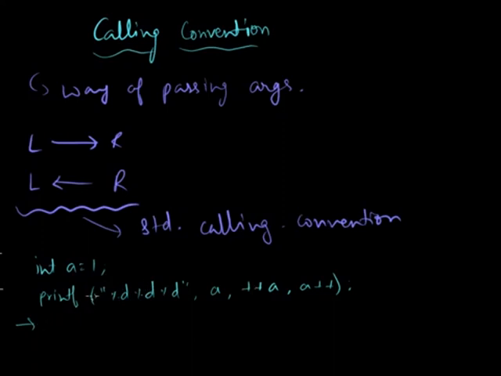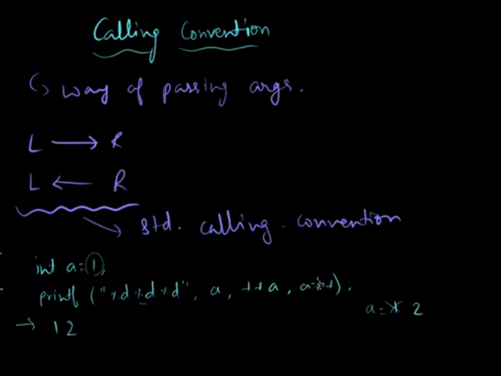How 1 2? First, the leftmost a, let us take the value of a. a is currently 1, so first 1 is printed. Then plus plus a, the pre-increment operator: first increment, then use. So a is 2, and then it is printed.